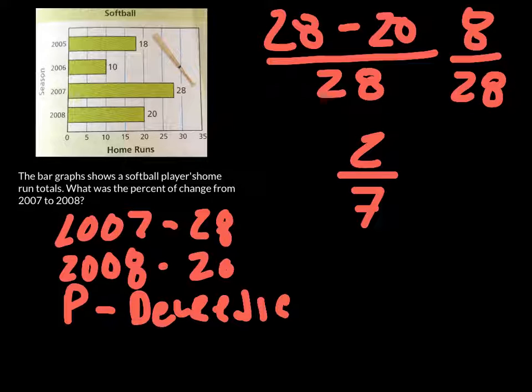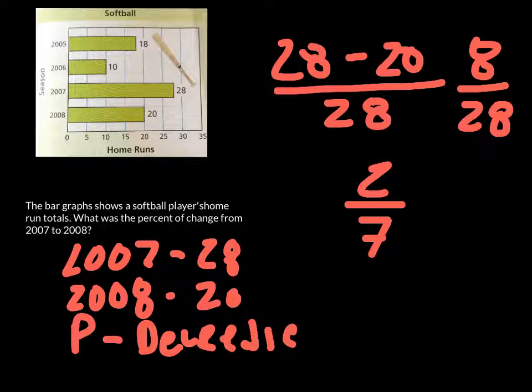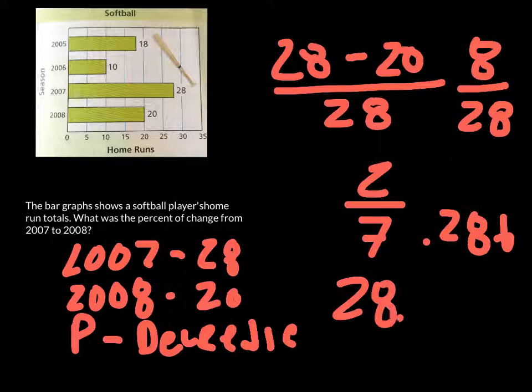So the answer is 0.2857, but we can round it to 0.286, okay, which is 28.6%. So his percent of change was 28.6% from 28 to 20.